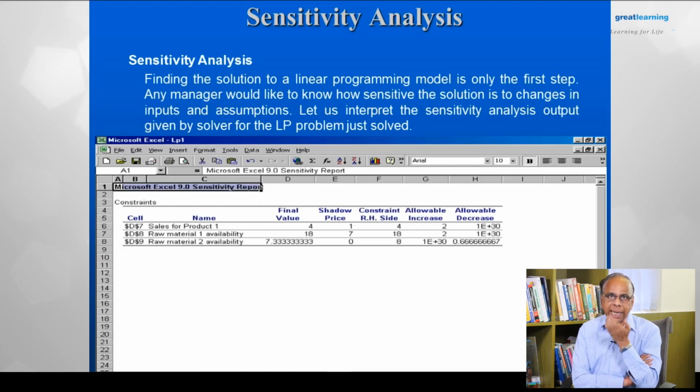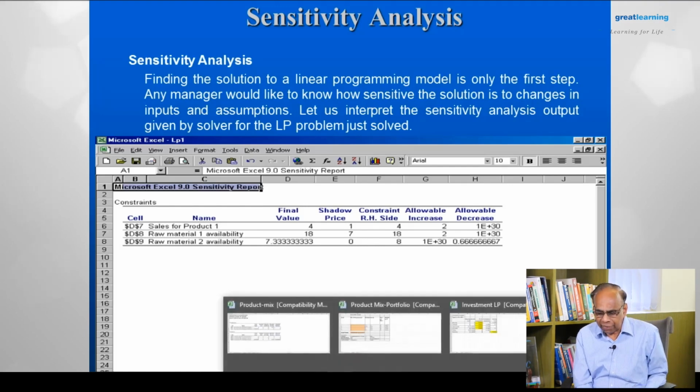If I make it 20 kg, then my profit will increase by $14. Why? Because every 1 kg it will increase by $7. Now the raw material 2, you increase by any quantity, there is no effect on the profit.